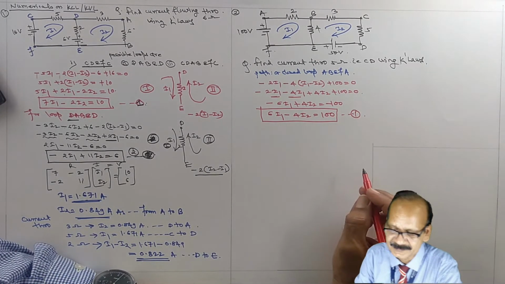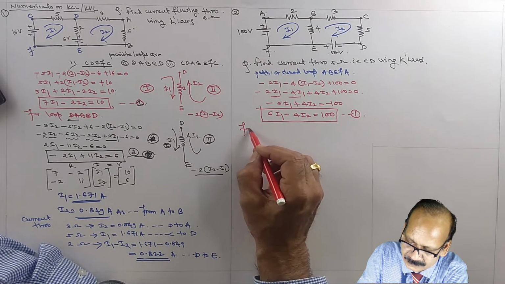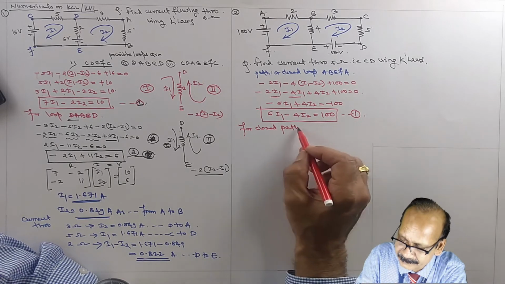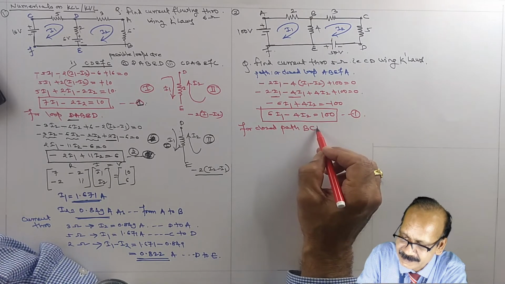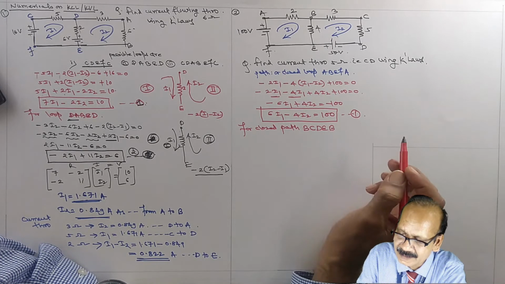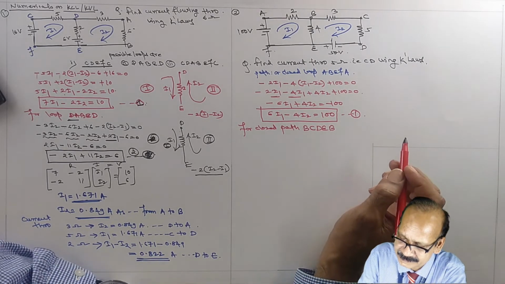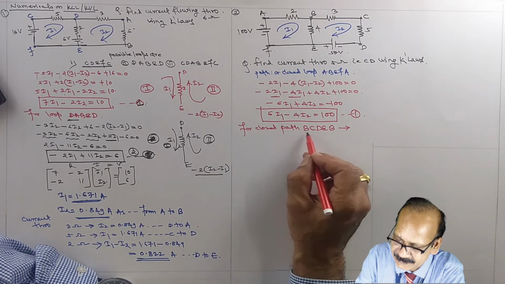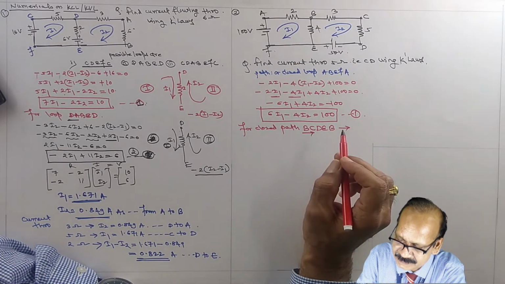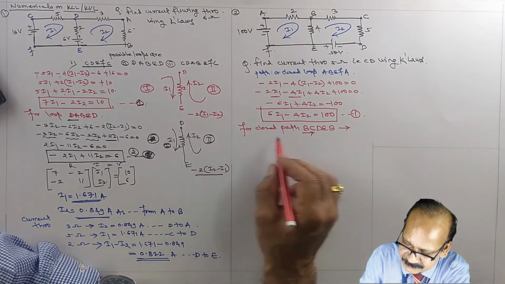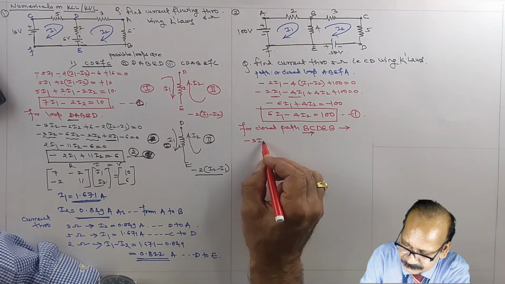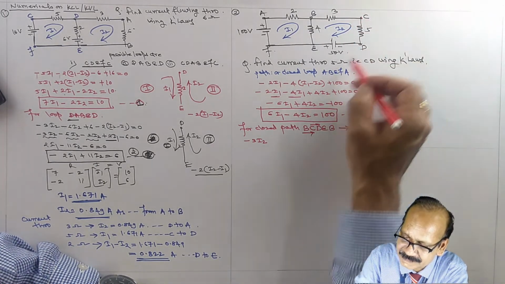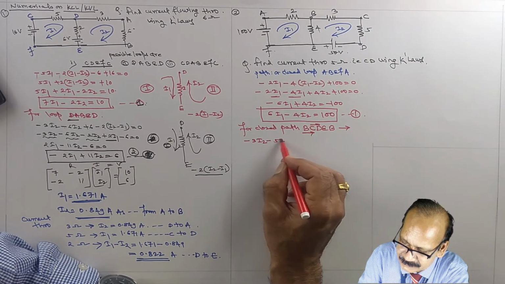Now similarly for the closed path B, C, D, E, B. You can travel in any direction; say we are also going in the same direction. So B to C, that is minus 3I2. Then C to D in the direction, minus 5I2.